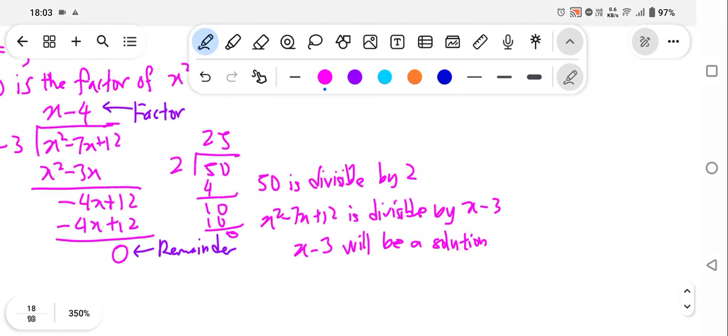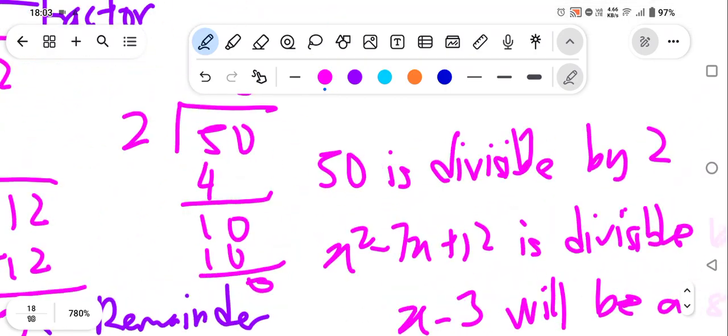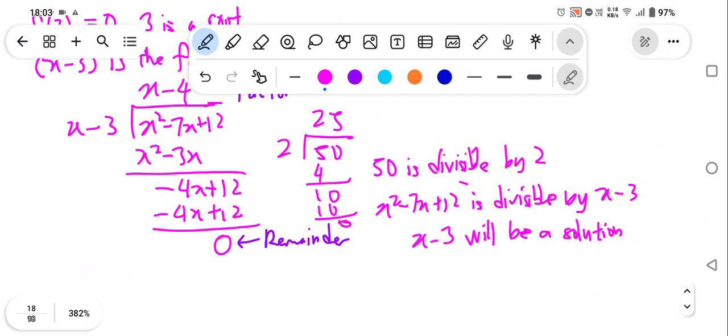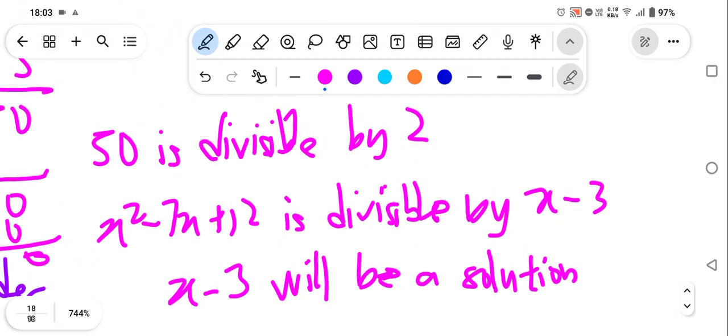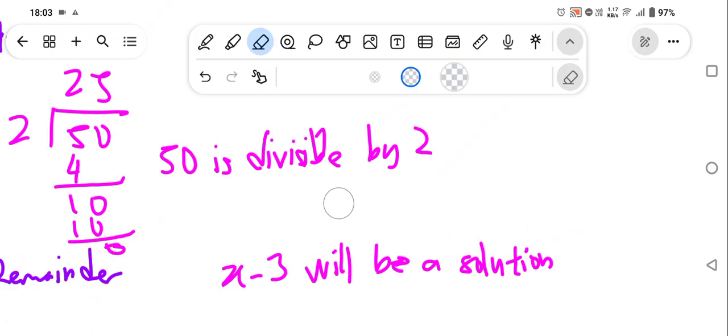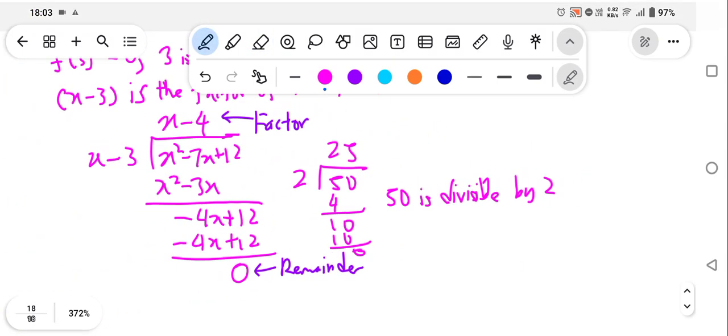Or in other words, yeah, so this is an example we use when the remainder is 0. Yeah, I don't think this is quite correct, but you get it. You know what I mean. So, all right.